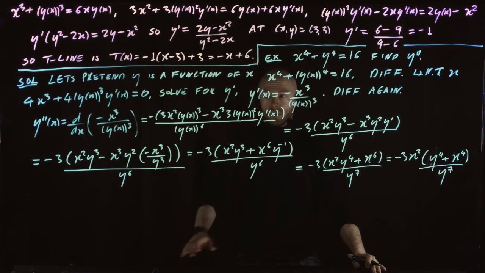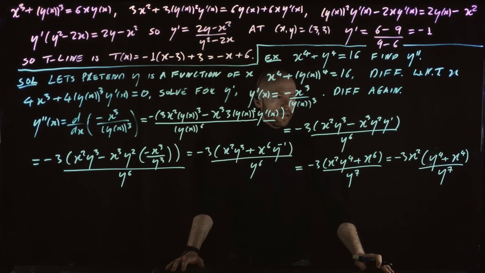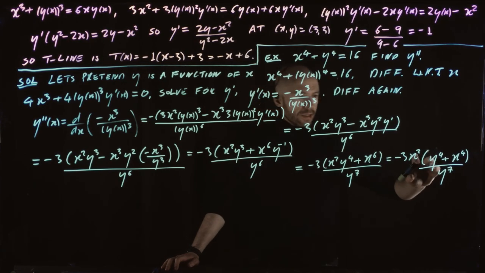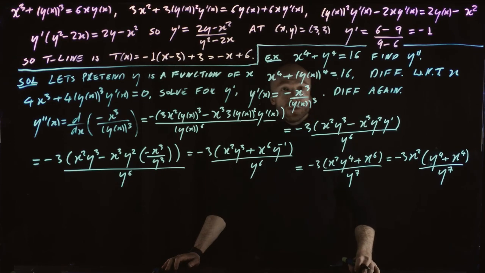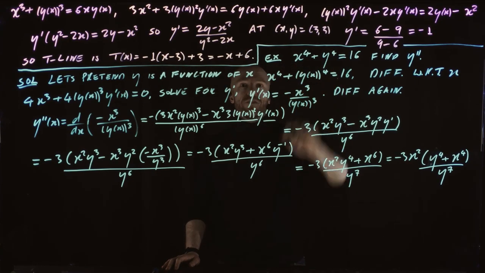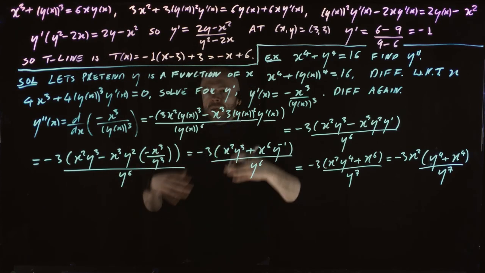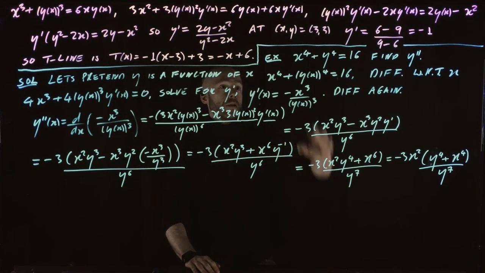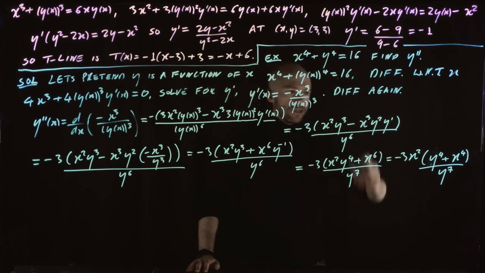Cool, and that looks like as far as you can go in terms of simplification, but you can actually go just a little bit further, because this y to the 4 plus x to the 4 is actually our defining equation for x and y. All of this is happening on the x and y that live on this curve, defined by x to the 4 plus y to the 4 is 16.